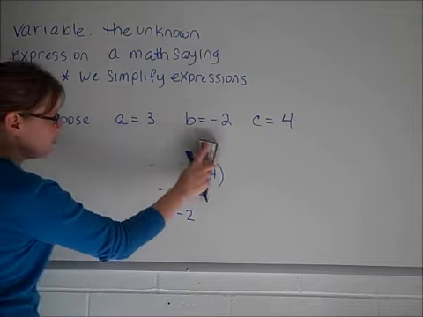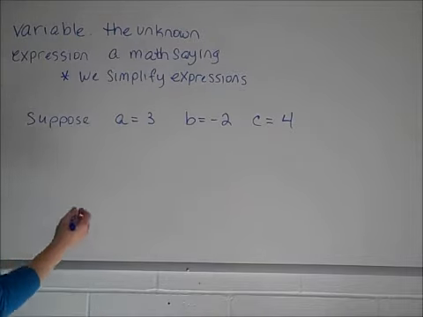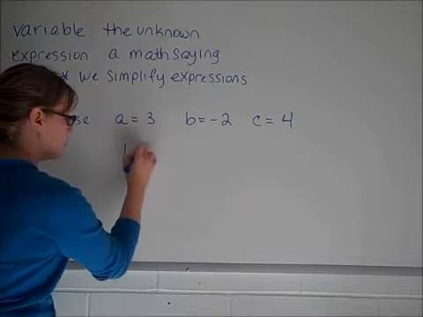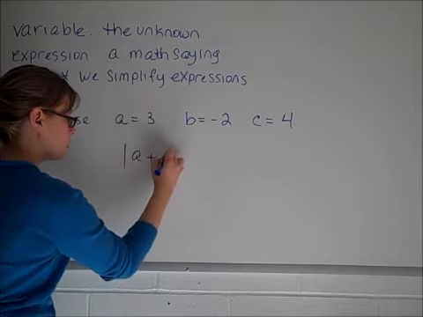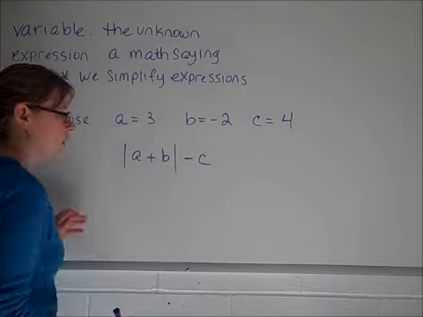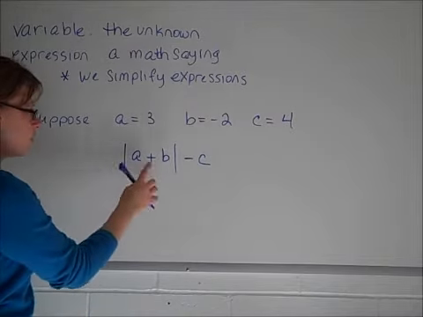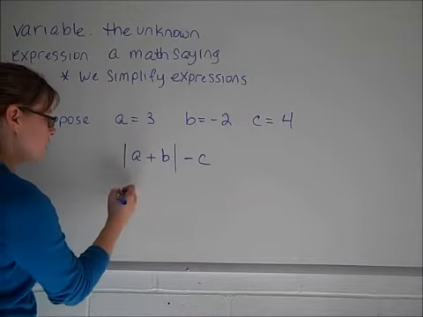So we're going to keep the same values of the variables. But we'll change up what we're doing a little bit. So first of all, we're going to substitute the numbers into our expression.